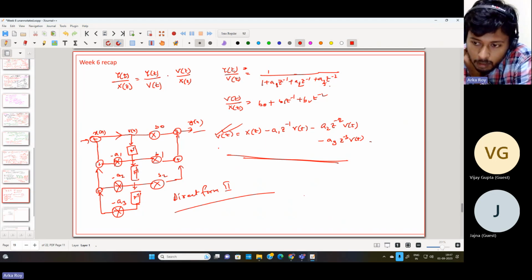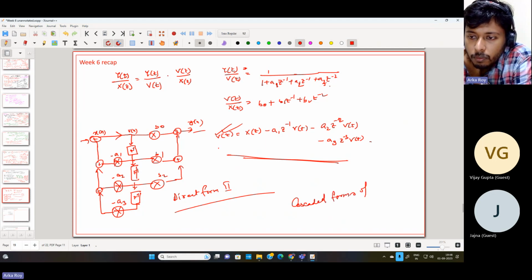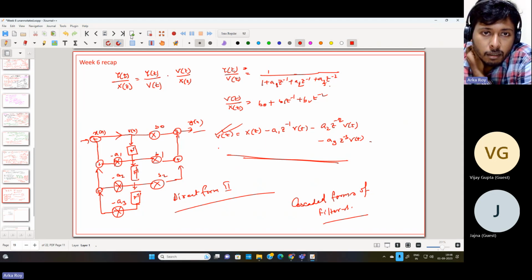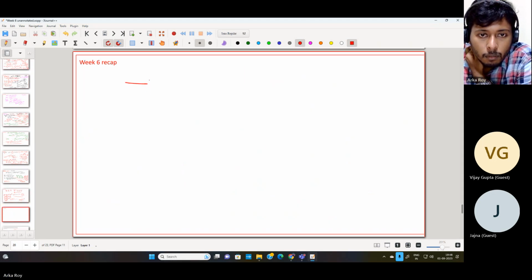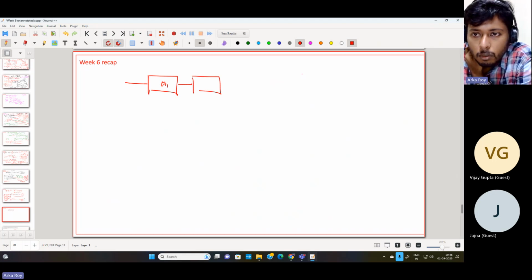So there are several other forms also, like cascaded forms of filters. In case of cascaded forms, the main theorem is like, let us consider H(z). I can write it as h0, h1 z to the power minus 1, h2 z to the power minus 2.